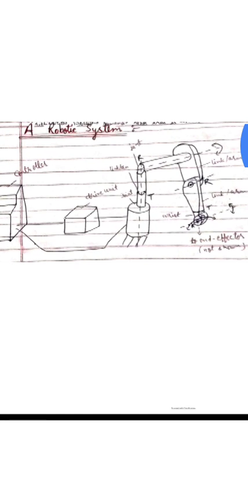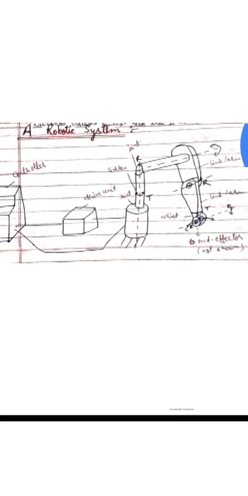Firstly, you can see in the diagram there is a fixed base, and the second component of this robotic system is links and joints. In between the two links there is a particular joint.